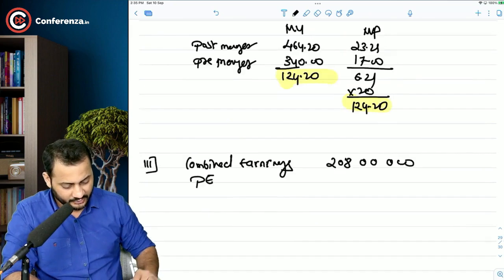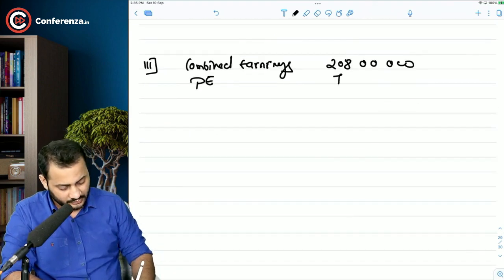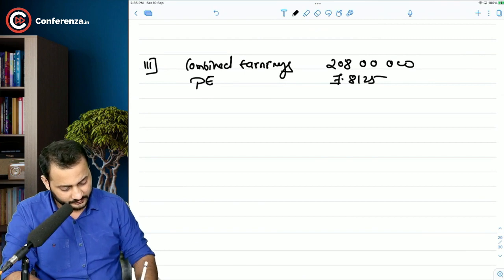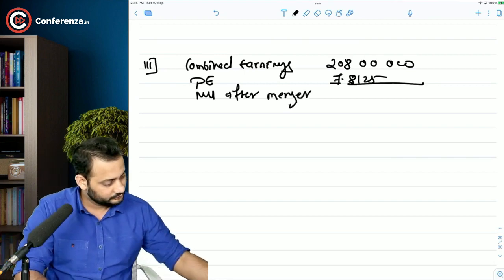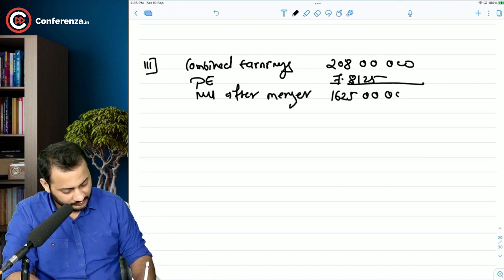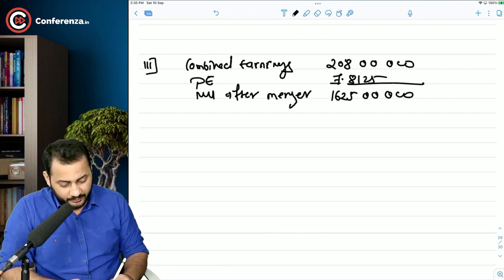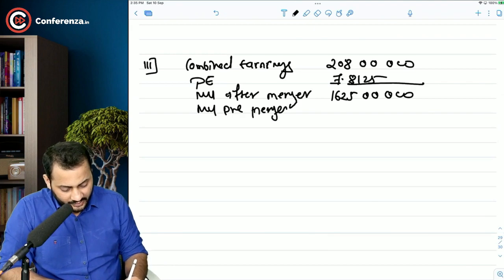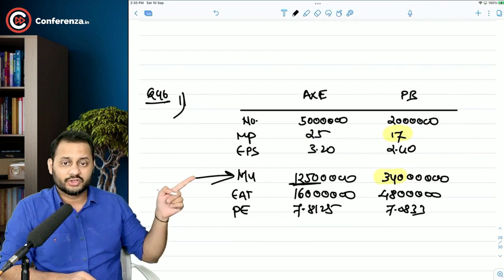The PE ratio will remain constant, that was 7.8125. This is the market value after merger: 1625. As an acquirer, we would want our pre-merger market value to remain the same. The pre-merger market value of the acquirer was 1250 lakhs.